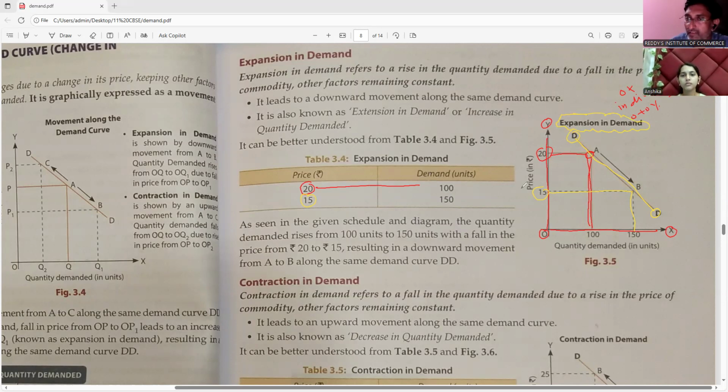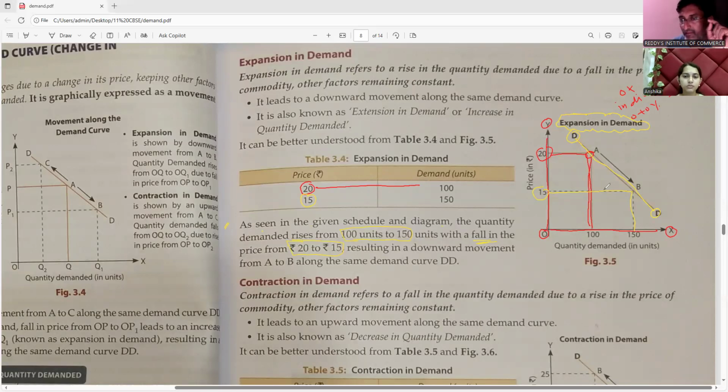So we can elaborate the entire diagram in theoretical form. As seen in the given schedule and diagram, the quantity demanded rises from 100 units to 150 units with a fall in the price from 20 to 15. Demand is increased when the price falls by 5 rupees, from 20 to 15.